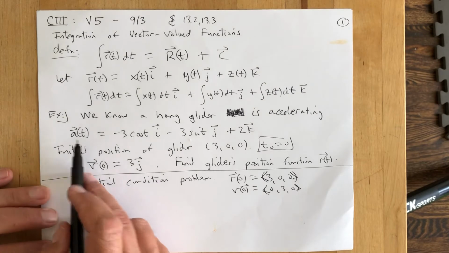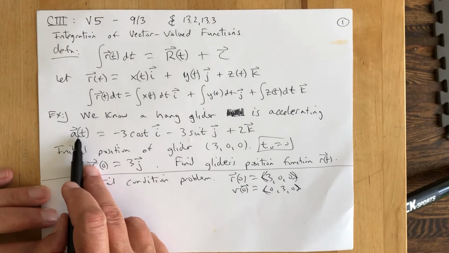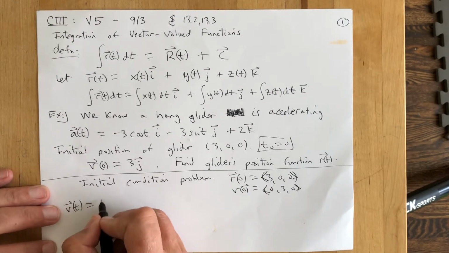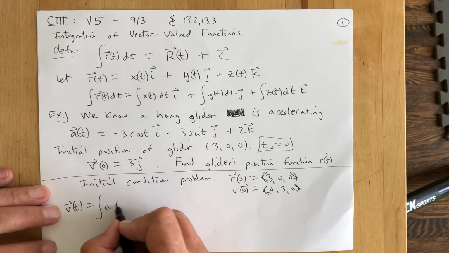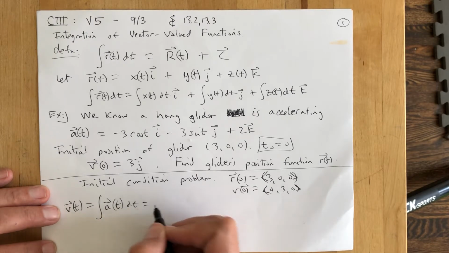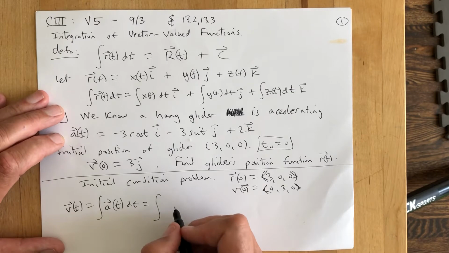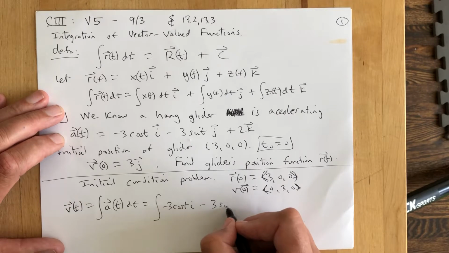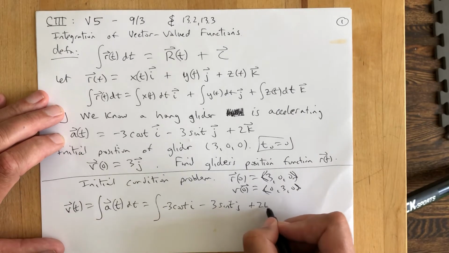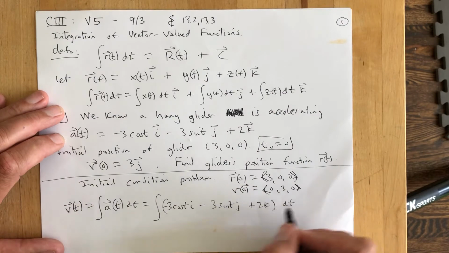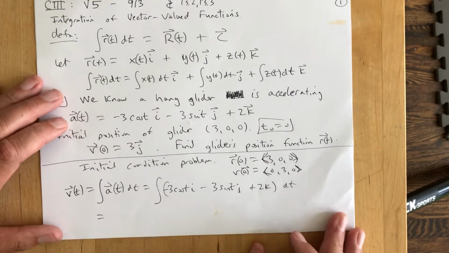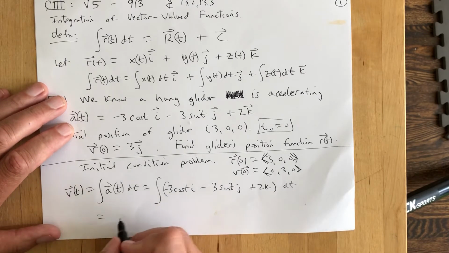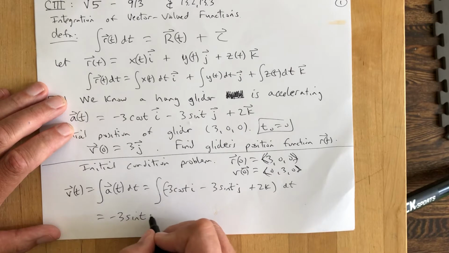Okay. So first let's integrate this a function to get v. So v of t is the integral of a of t dt, which is the integral of minus 3 cosine t i minus 3 sine t j plus 2k dt, which turns out to be, the integral of cosine is sine, so I have minus 3 sine t i.